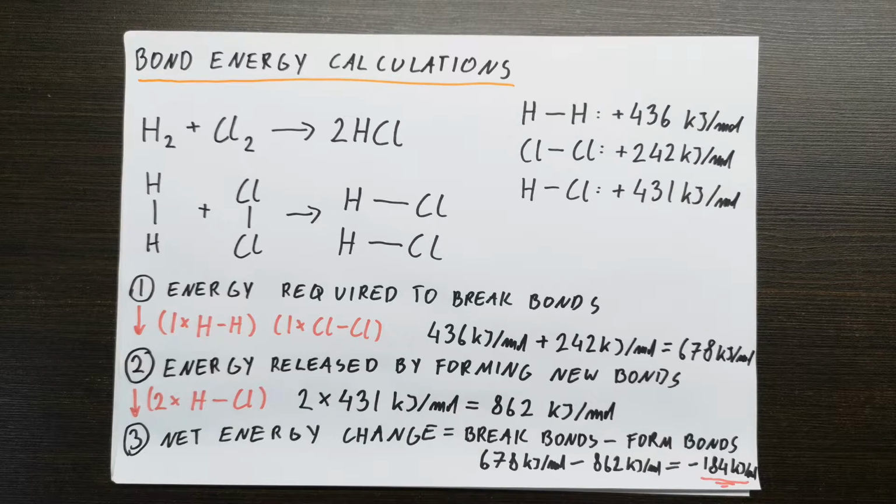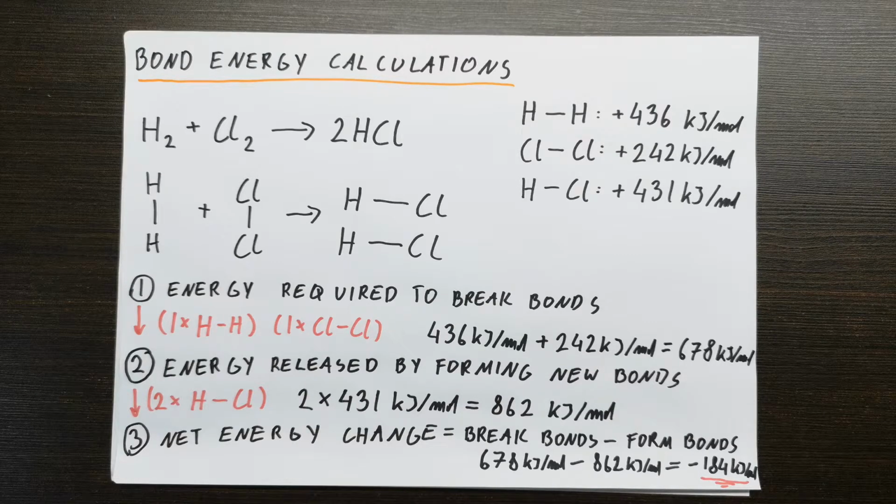Now, why would we design this equation in such a way that we get negative values? Why not have positive values for exothermic reactions and negative values for endothermic reactions, which would kind of be intuitive? Well, this is because you can think of these values as energy contained in those bonds.